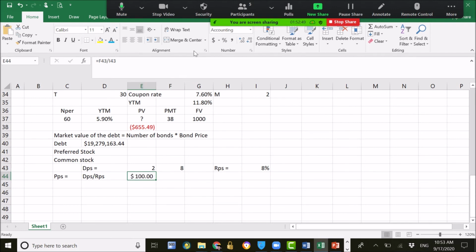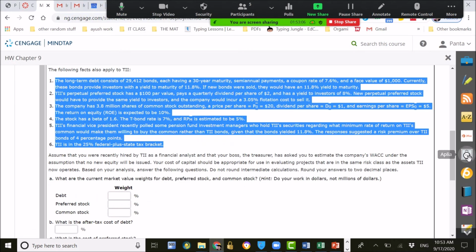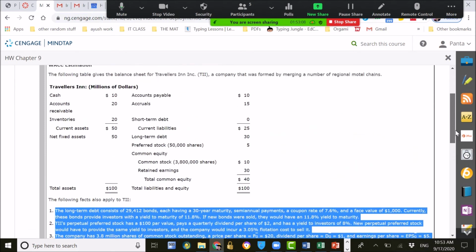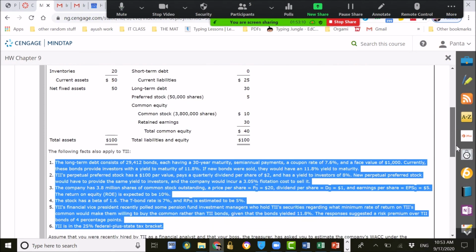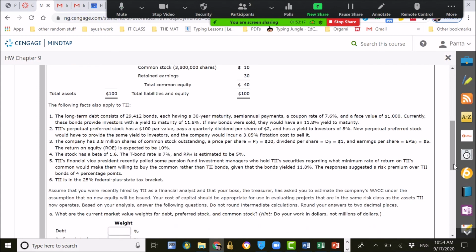Now, how many preferred shares does the company have? Let me check mine. In mine it says how many preferred shares it has. 50,000. Okay, all right, thank you.